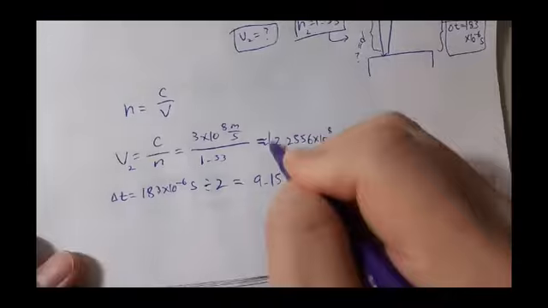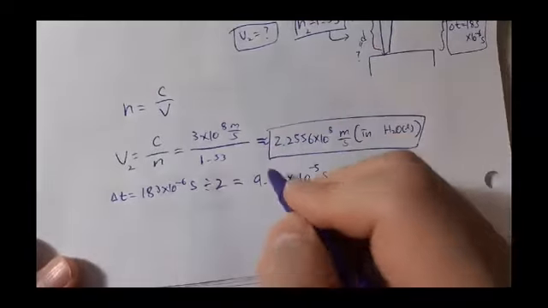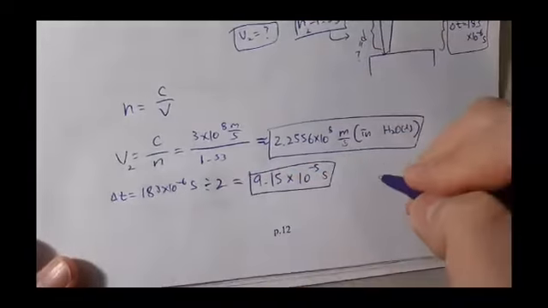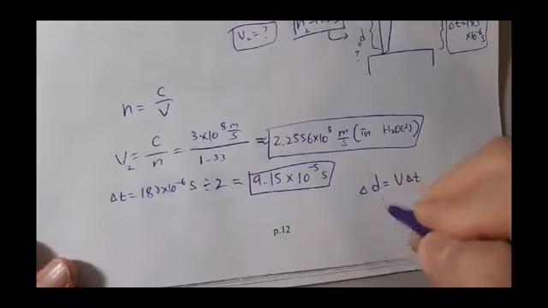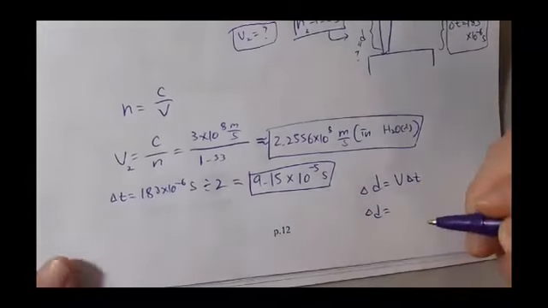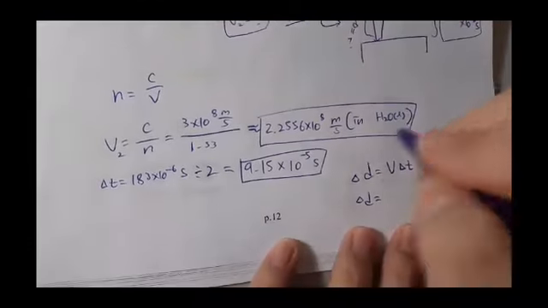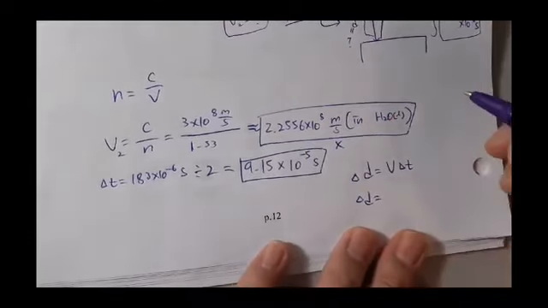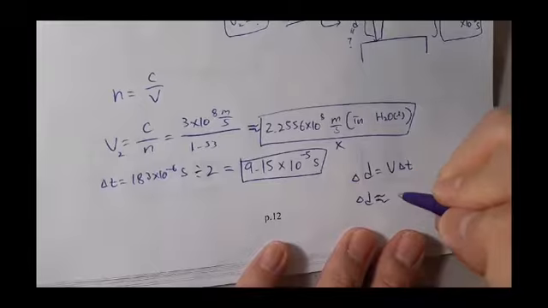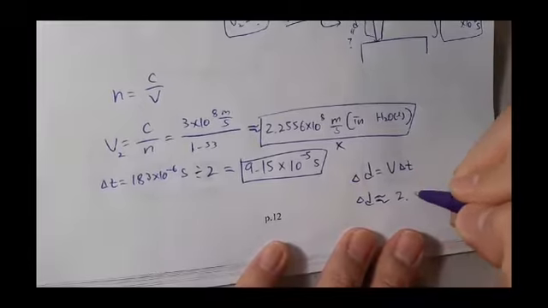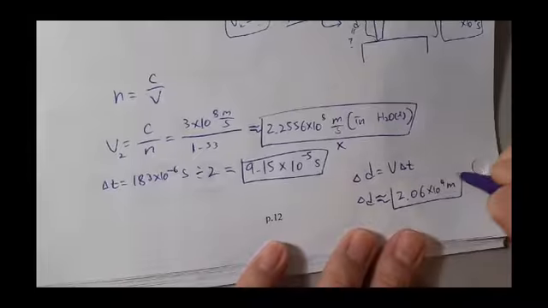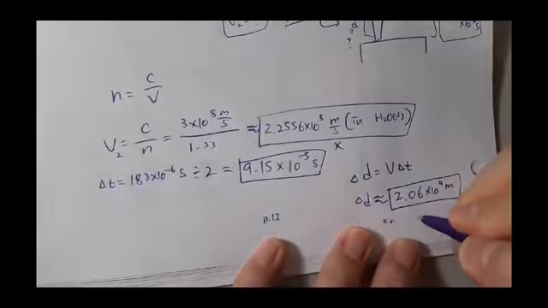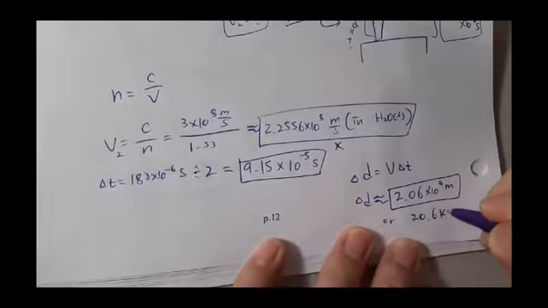So we're basically using this speed, d is equal to v times delta t, so the distance is the multiplication of those two numbers. I'm going to round it up to my final answer. It should be 2.06 × 10^4 meters if I use significant digits, or simply 20.6 kilometers.